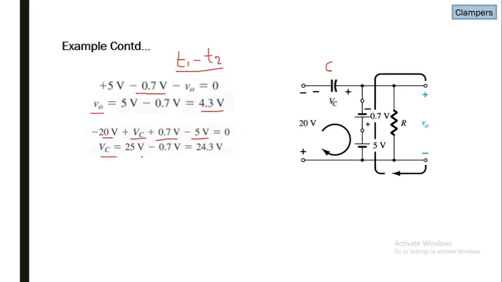That will give us Vc is equal to 25 minus 0.7 volt. This is equal to 24.3 volt. That means capacitor will be charged up to 24.3 volt.